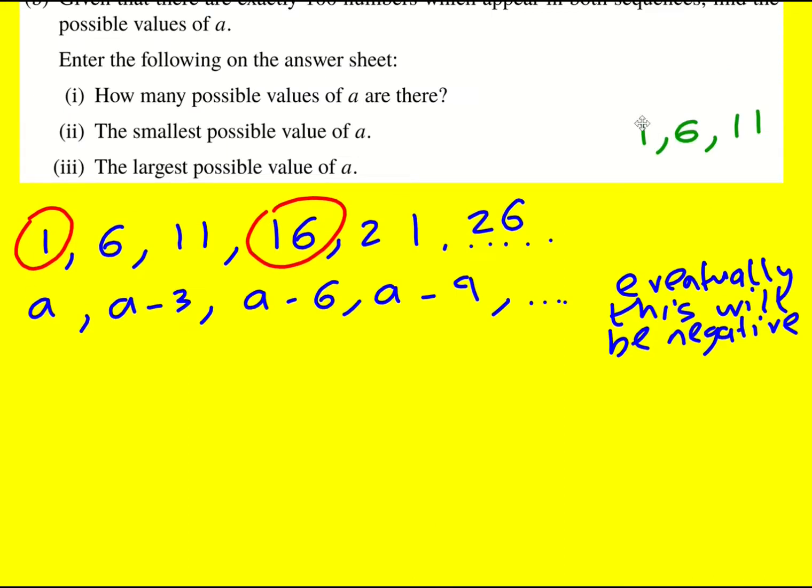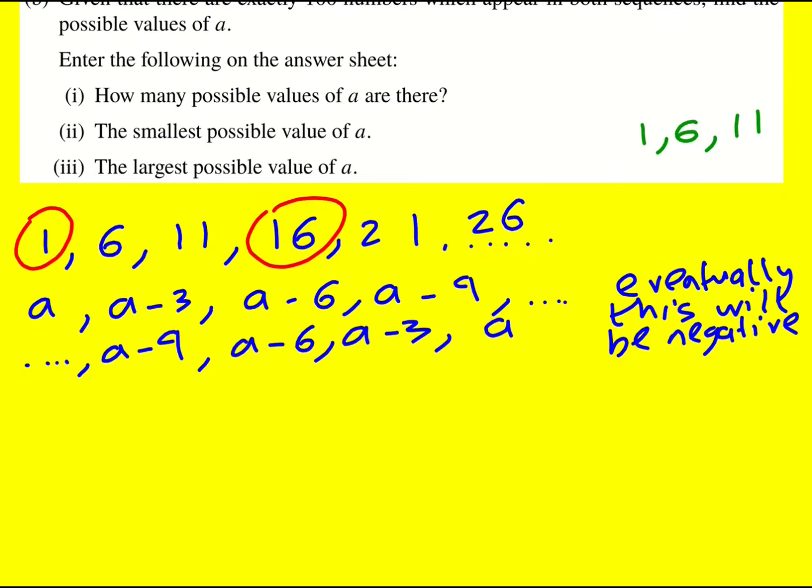And I'm going to start by looking at the term being 1. So that means the last term is 1. So I actually have to almost take this sequence in reverse and write it as dot dot dot, a minus 9, a minus 6, a minus 3, and a.